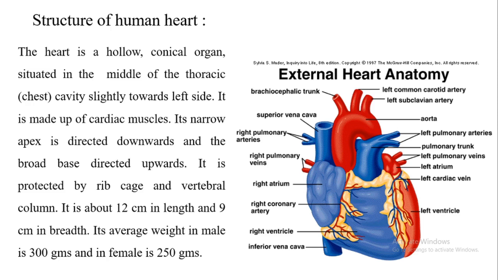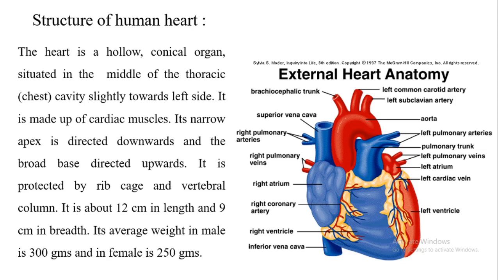It has a narrow apex which is directed downward and a broad base which is directed upward. So always when we draw or when we see the diagram of heart, the apex is downward, narrow part is downward and broad base is upward. So it is protected by a rib cage, that means it is present in thoracic cage. So on the lateral side it is protected by rib cage and vertebral column.